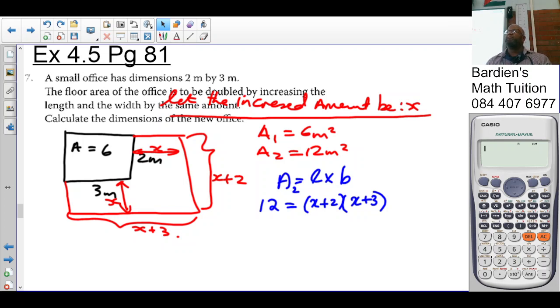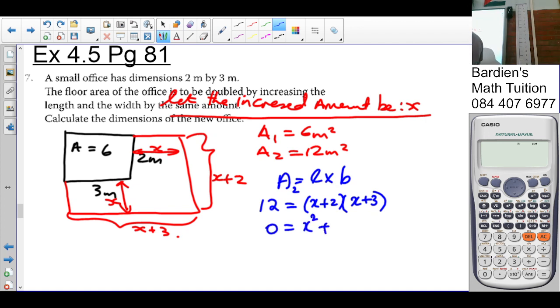Guys, finish? Yes, okay. So you multiply out, what do we get? X squared plus 5x plus 6 minus 12.